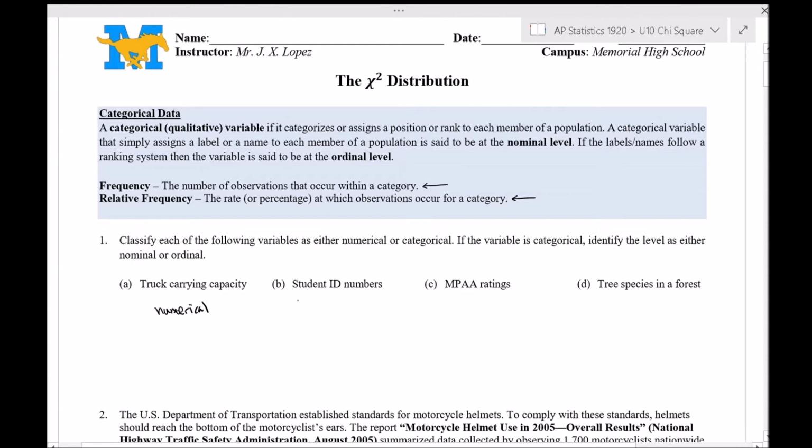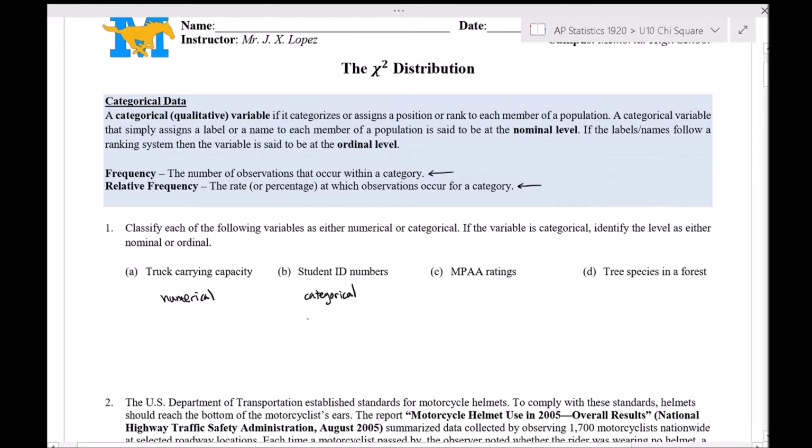This is categorical. It doesn't really make sense to say, if I have 10 McAllen Memorial High School students, what's their average ID number? That's a meaningless calculation to make. So this is strictly categorical. And since ID numbers aren't really ranked, this is at the nominal level. Nominal. Having trouble spelling things.